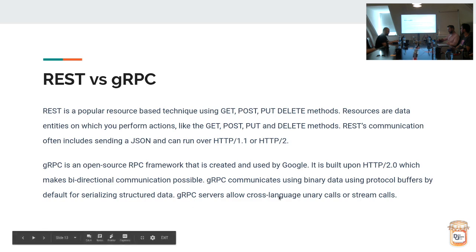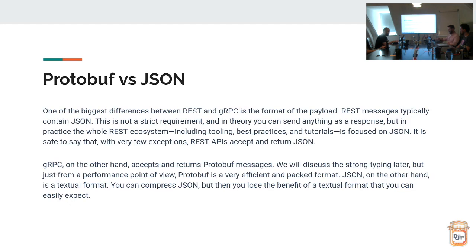I think this definition is pretty general because REST is also cross-language. I think the most important part is again the protobuf versus JSON comparison. But as mentioned, for example, you can change the payload of a REST service. So even if you don't want to use gRPC, you can use protobuf in your REST services.